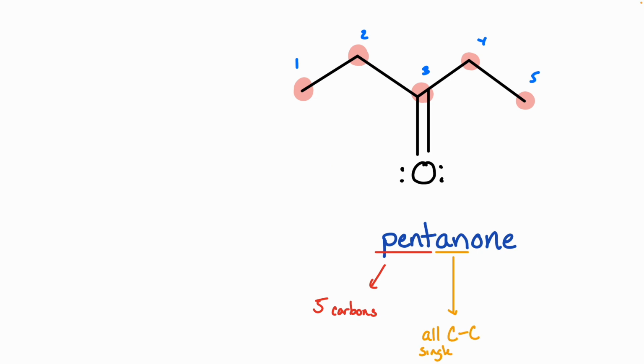Obviously I have that carbon-oxygen double bond, but this is telling me I have all carbon-carbon single bonds. And then that -one ending is because of that ketone functional group.